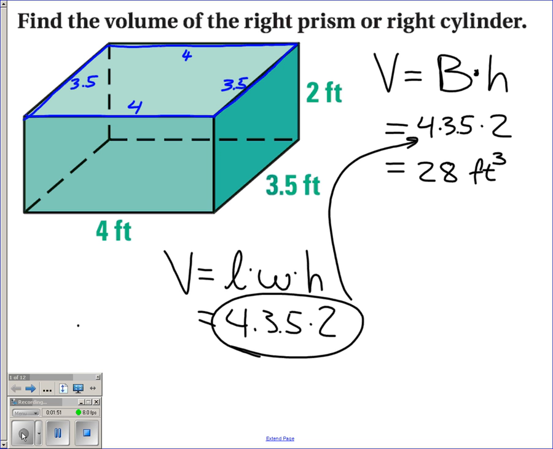So either way that you do it, if you do have a rectangular prism like this, a box, you can just multiply all the lengths together, length, width, height, and that will give the volume to you without having to get the base. But you can use the formula for it.